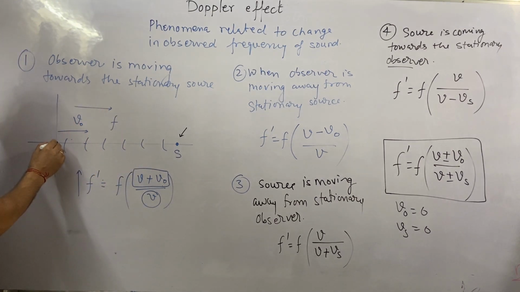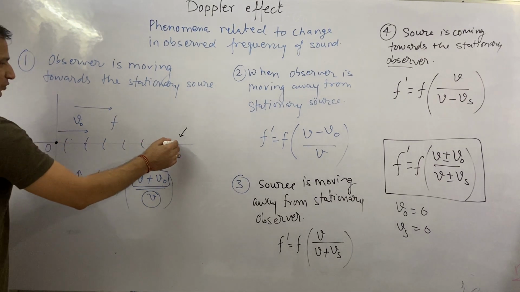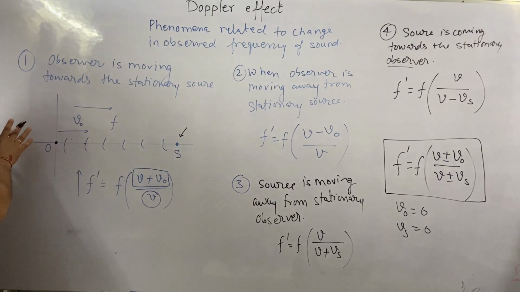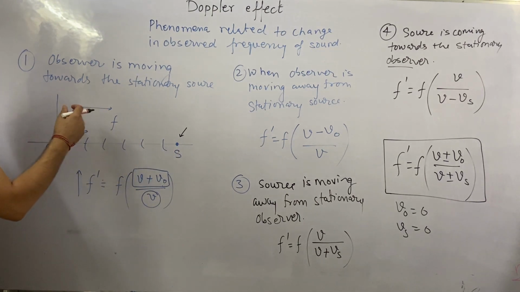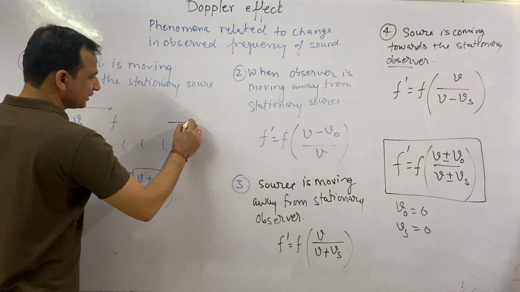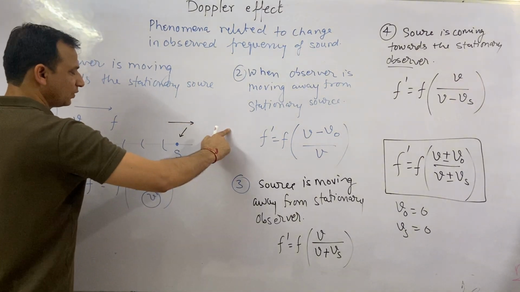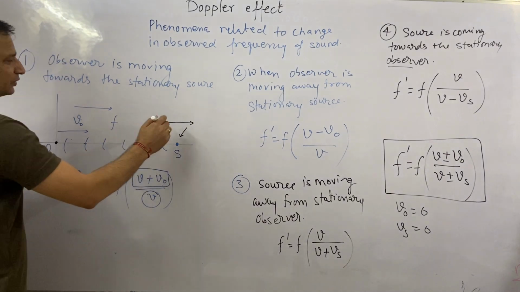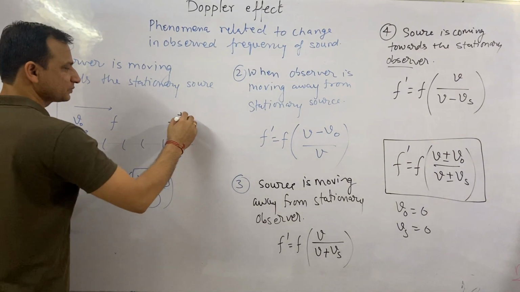So observer here and the source here. Now use the coordinate system sign. When you go towards the right side of the origin, you use the plus sign.